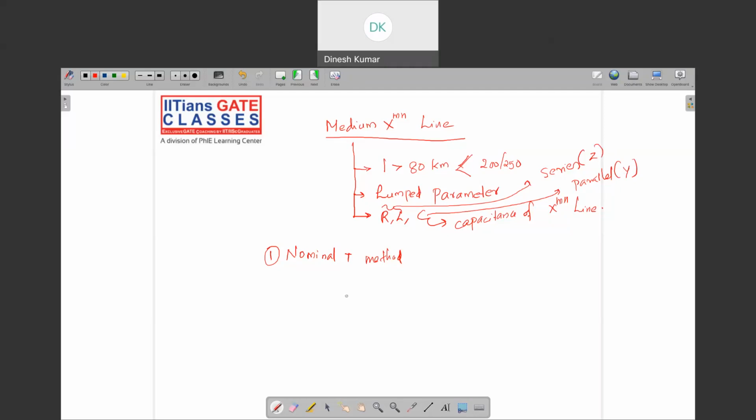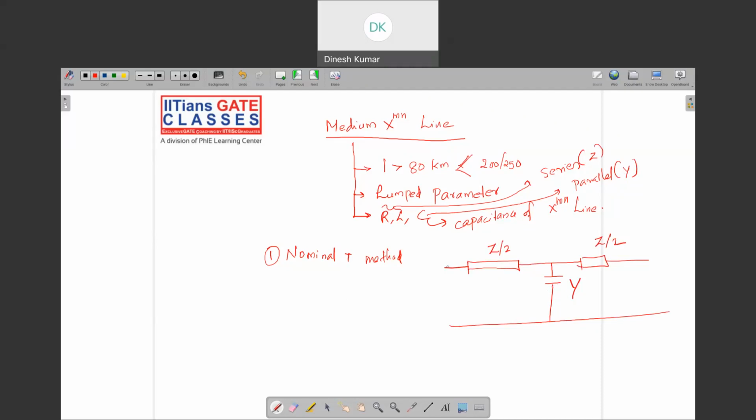The nominal T method we can write like this. This is a nominal T, so this will be Z by 2, Z by 2, and this will be Y. This is basically known as the nominal T method.